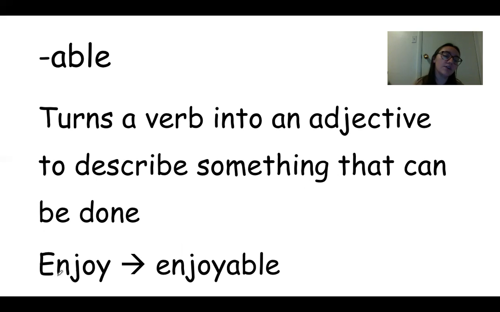So you took the verb enjoy. Enjoy is a verb. Enjoy your time, right? So they're saying the action of enjoying. But when you add able, enjoyable, you turn it into an adjective to describe something that can be done. So when something is enjoyable, it means that you can enjoy it.